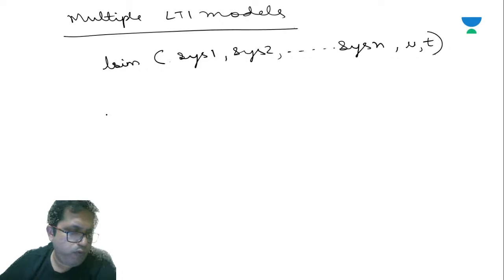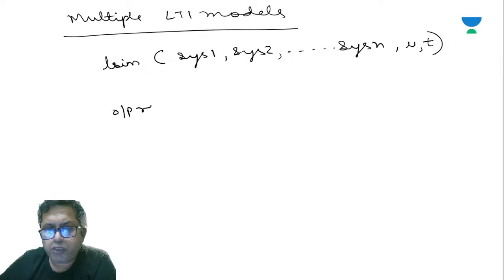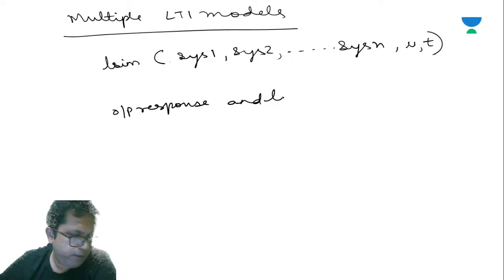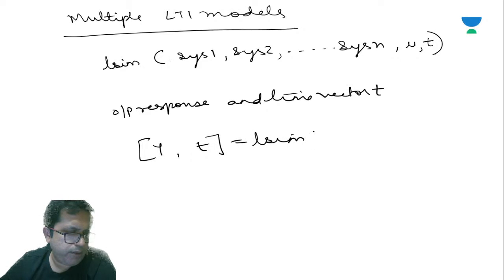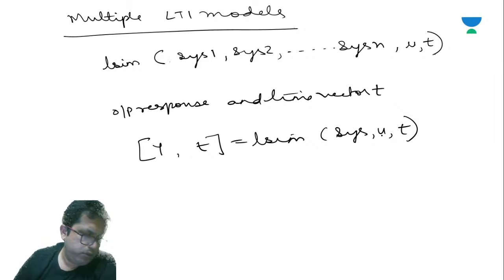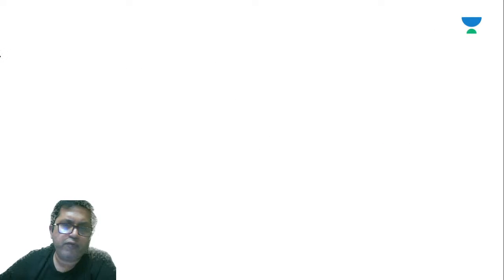Now if you want the output response, not the graph, output response and time vector t, you will get the syntax y comma t is equal to LSIM sys comma u comma t. In this way you can find out the response of arbitrary input.